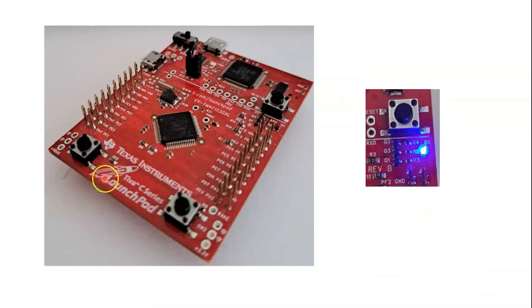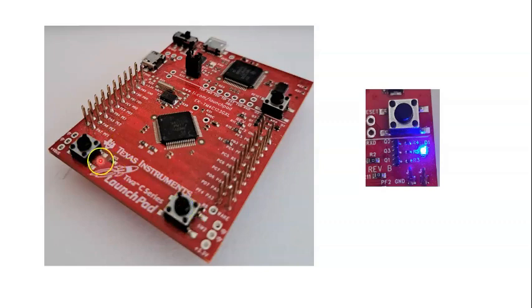In this video, we're going to control this blue LED based on the status of SW1 and SW2. The switches are used to generate the external interrupt. So these two switches will generate the external interrupt.